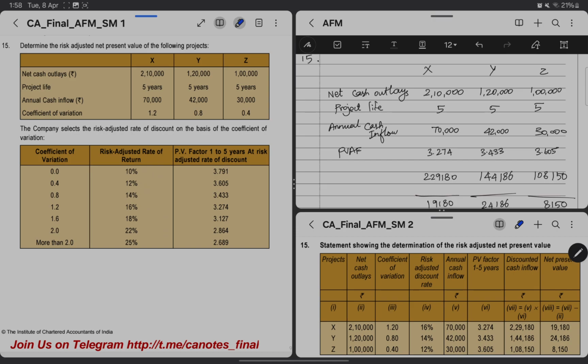We have to calculate the NPV, and if the NPV is positive, then we can go ahead and accept the project. If it is negative, then we should not accept the project, considering the risk adjusted rate of return for the coefficient of variation, which is the per rupee risk involved in these projects.